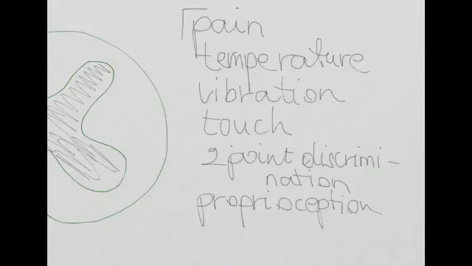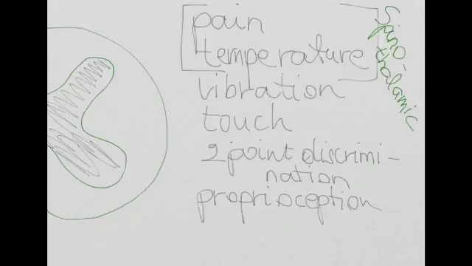Pain and temperature will go into one pathway, and that will be called the spinothalamic tract. The others will be carried by the dorsal column medial lemniscus pathway.